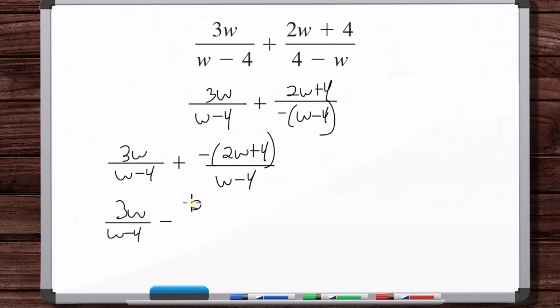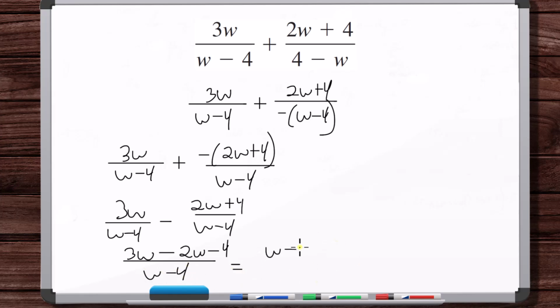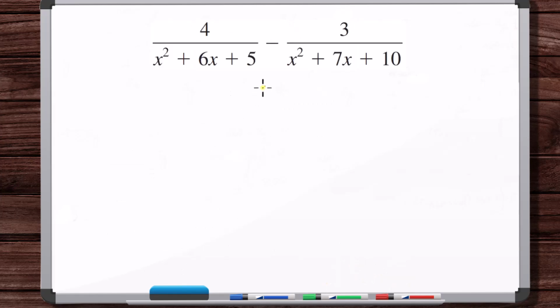Right? So we've got 3w, and then we have to distribute this minus. So minus 2w minus 4... Okay, so 3w minus 2w is w, over w minus 4, which is 1, but w can't equal 4. You put that right next to the 1. It's weird.